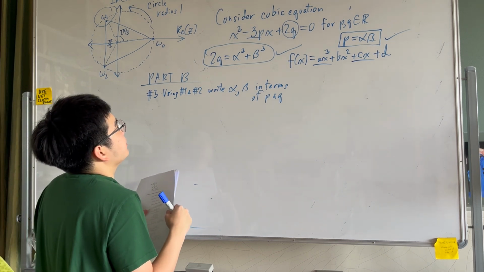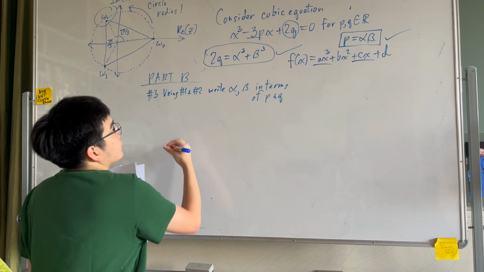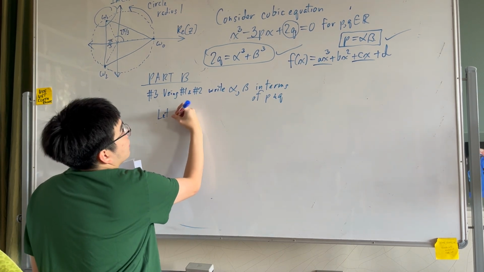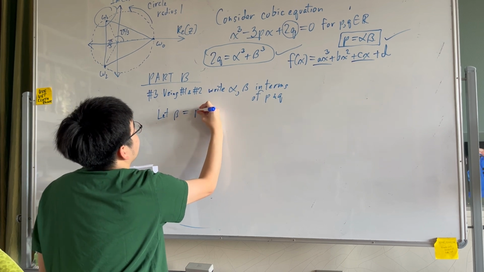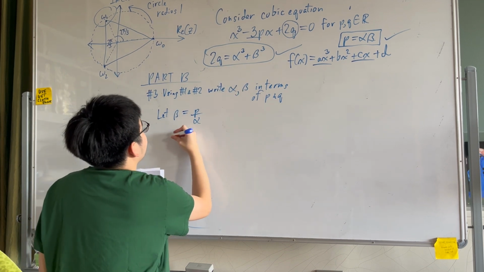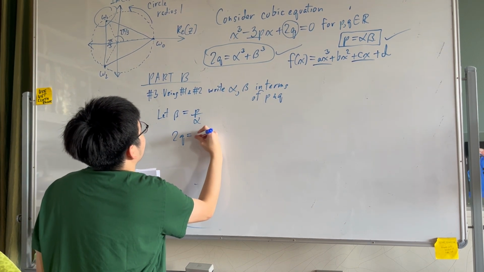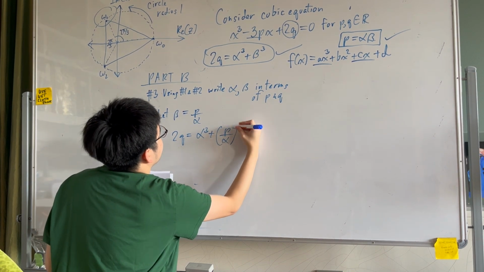So I let beta equals, from this here, I let beta equals p over alpha, and I plug that beta into this thing here, so I get that 2q equals alpha cubed plus p over alpha cubed.